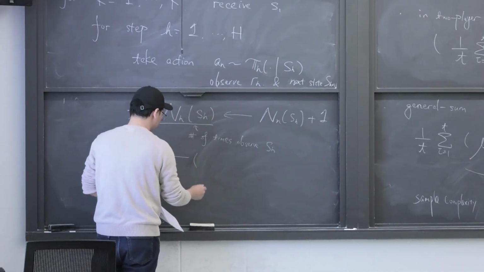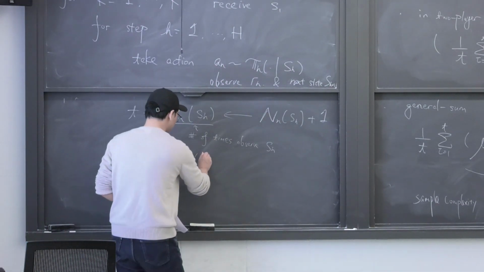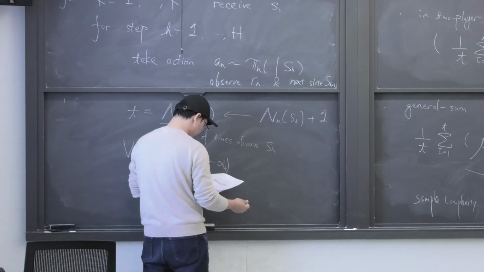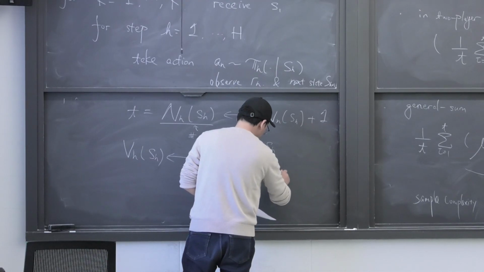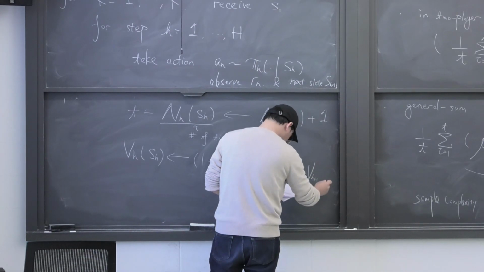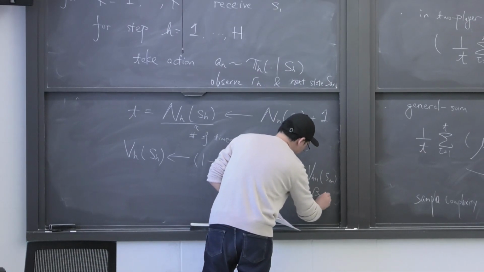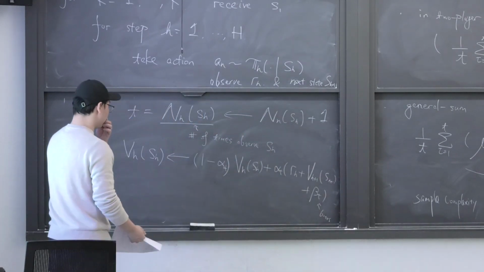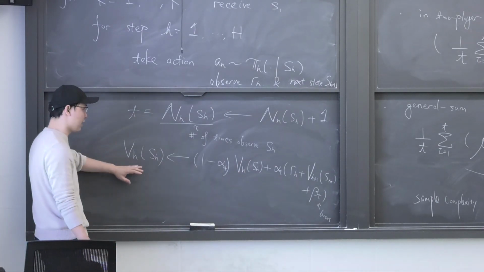Very similar to the Q value in Q-learning, we do incremental updates, doing (1 minus alpha t) Vh(sh) plus alpha t times (rh plus Vh+1(sh+1) plus beta t), where alpha t is the learning rate and beta t is the bonus. So this step is very similar to the Q-learning step. The only difference is that instead of updating the Q value, I'm only updating the V value.